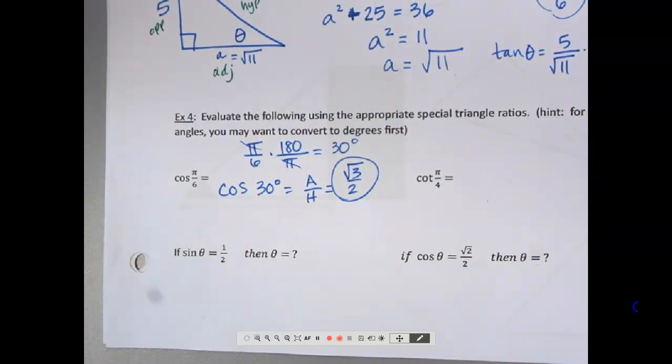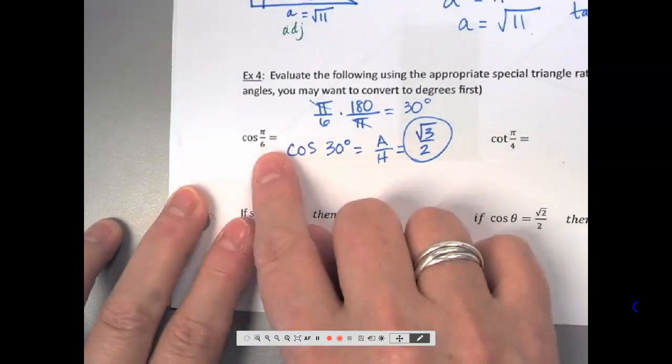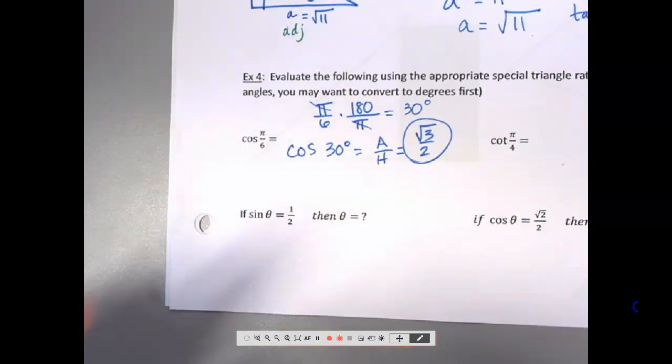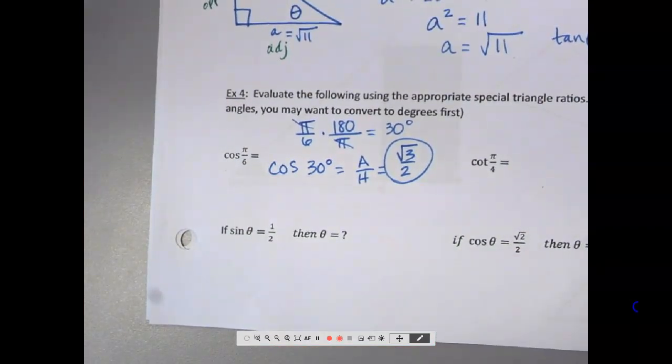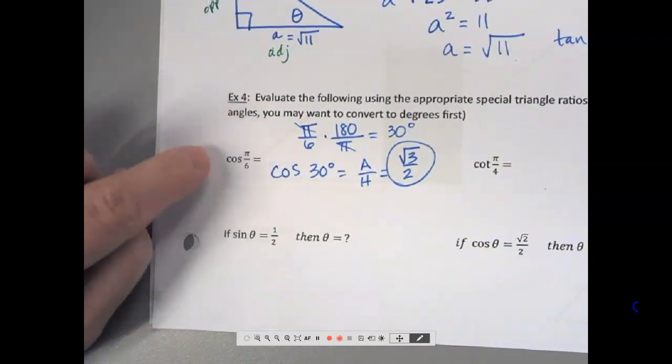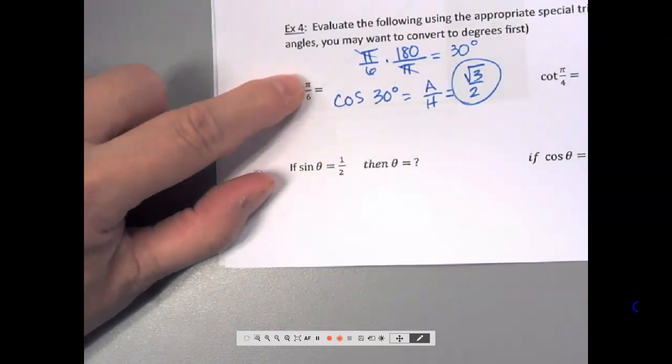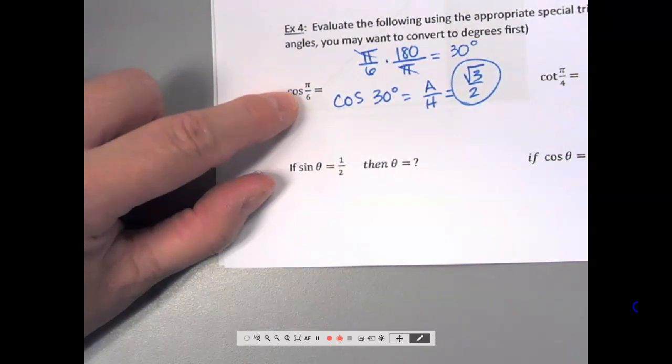For those of you who like mental math tricks, if I'm converting that, how many degrees is equal to pi? Think about the fraction you've been using. How many degrees is equal to pi? 180. So if I want to convert that super quick, what's 180 divided by 6? 30.